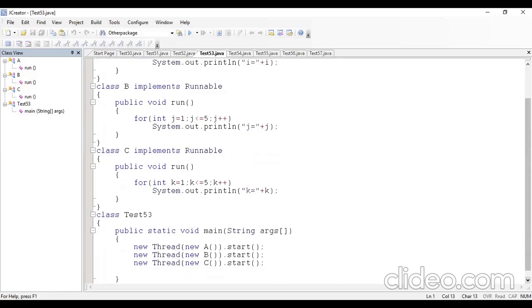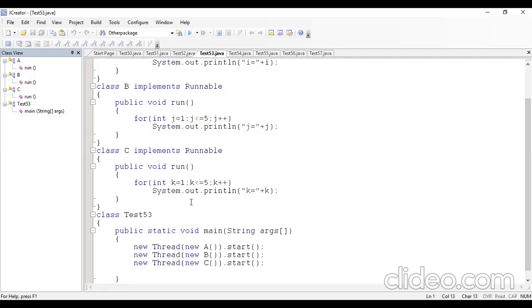The problem is that we can create the object of this class A, B, and C. Try to understand. I can create an object of class A, B, and C, not thread A, B, and C, just like the earlier situation.